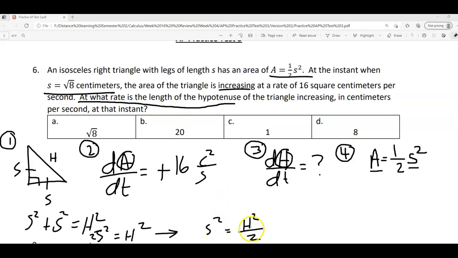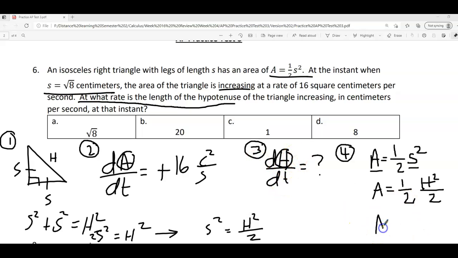So since s squared is equal to h squared over 2, I can rewrite this formula and replace my s squared with h squared over 2. So now I've rewritten my formula so that it has an A and an h, which connects the two variables that I care about.